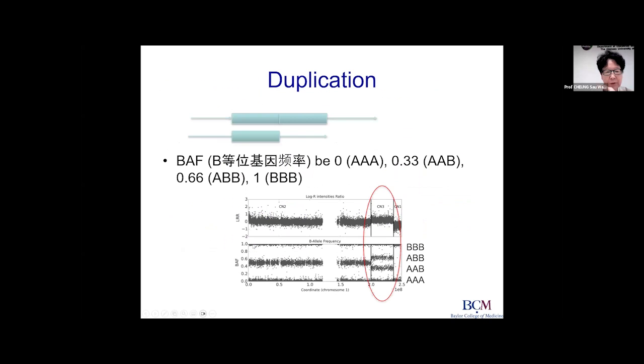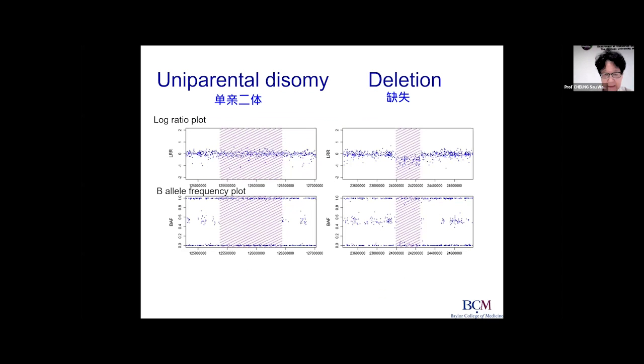So that means that both copies are from one single parent. Whereas in a deletion, you could see the log ratio plot shows a deletion, and therefore there is absence of heterozygosity. So when you determine whether it's a UPD or a deletion, you have to look at both the log ratio plot and the B allele frequency plot.